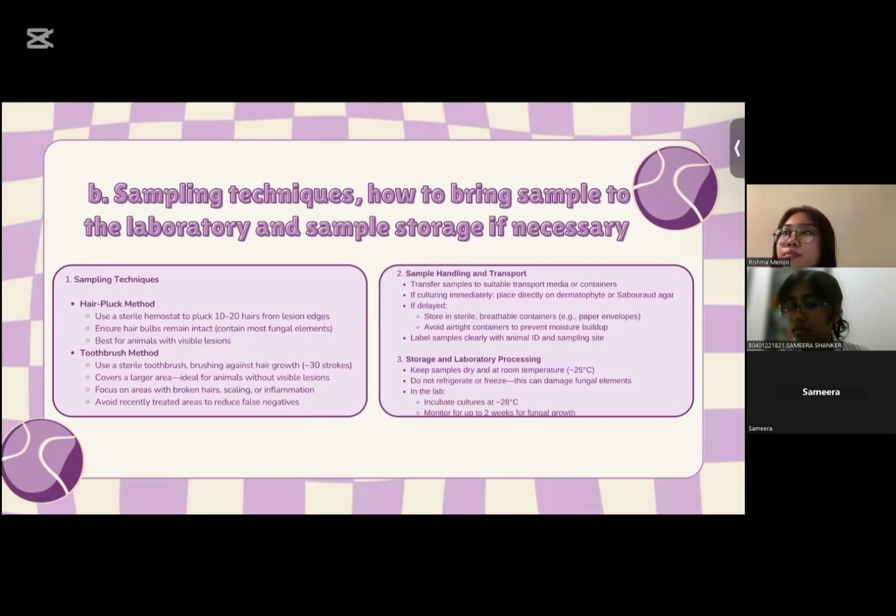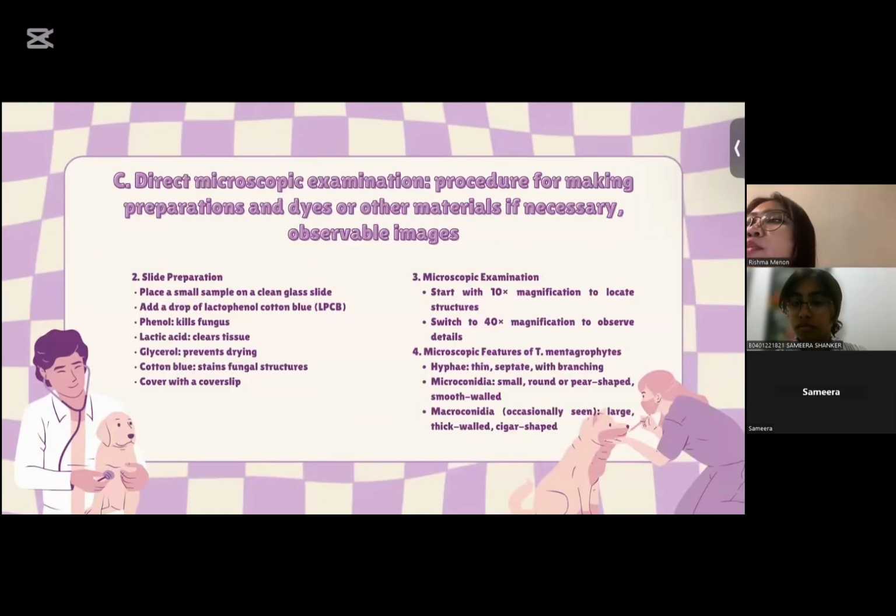Next, we have the direct microscopic examination, the procedure for making preparations, and dyes or other materials if necessary. For slide preparation, the procedure is first we place a small sample on a clean glass slide and add a drop of lactophenol cotton blue.